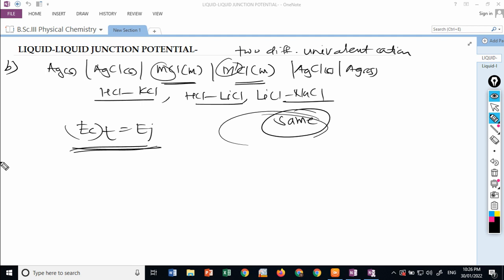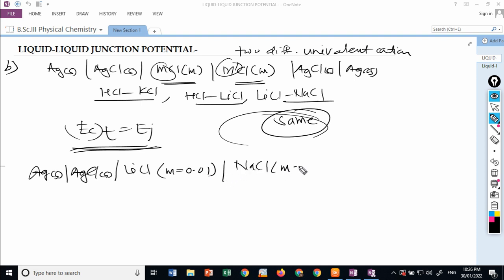For example, the cell can be written like this: Ag solid, AgCl solid, LiCl having molality 0.01, and here we have taken NaCl having molality 0.01, again AgCl solid, Ag solid. So the concentration is the same, molality is 0.01, here also 0.01.